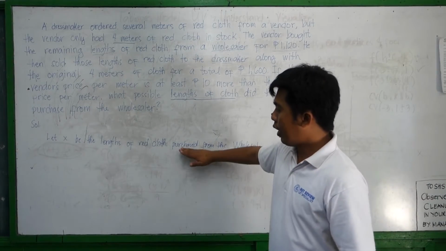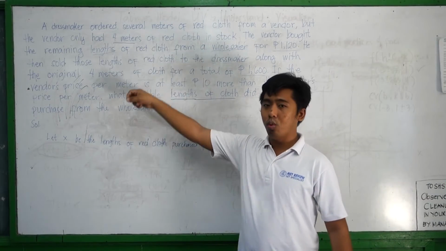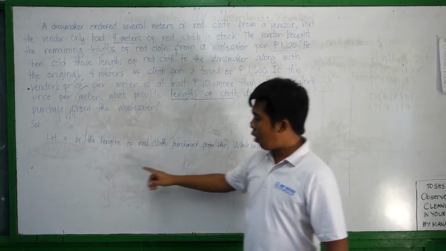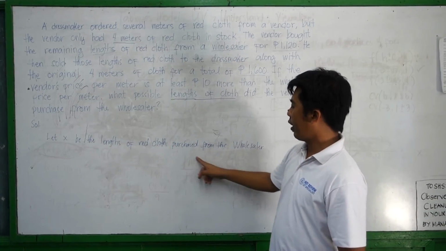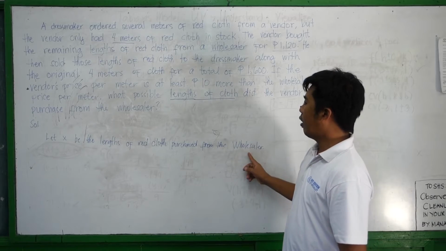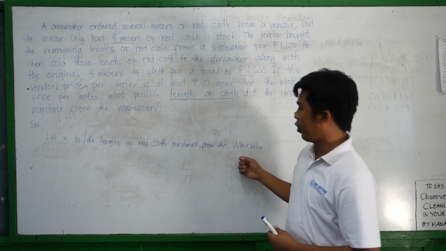So for the solution, we use the givens. Now let X be the length of the red cloth purchased from the wholesaler. So the vendor purchased from the wholesaler.